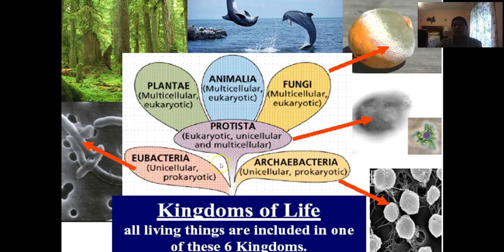They start off with small single-celled organisms that are your archaeobacteria and the eubacteria. These contain mostly unicellular, single-cell living things, small individual cells that are living and are able to do all the properties associated with life. And then you have your third big kingdom, which is your protista, which contains eukaryotic organisms that are both unicellular as well as multicellular.